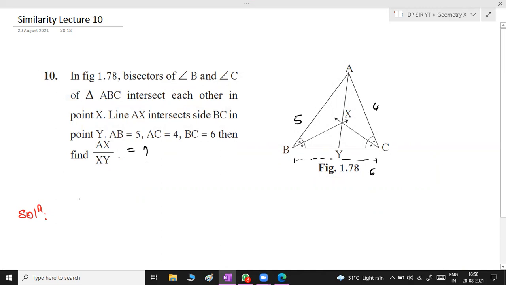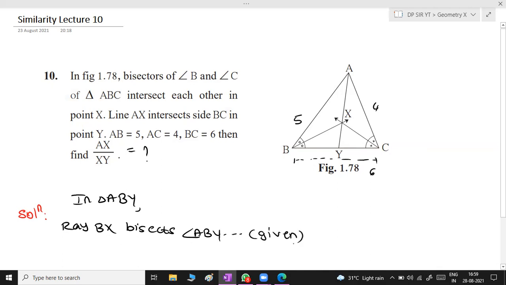So let us begin with the given part. In triangle ABY, ray BX bisects angle ABY. This is from the given part.